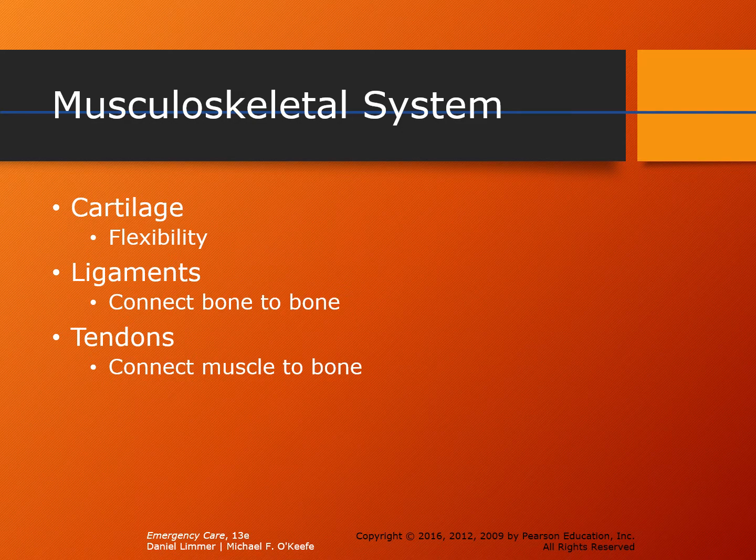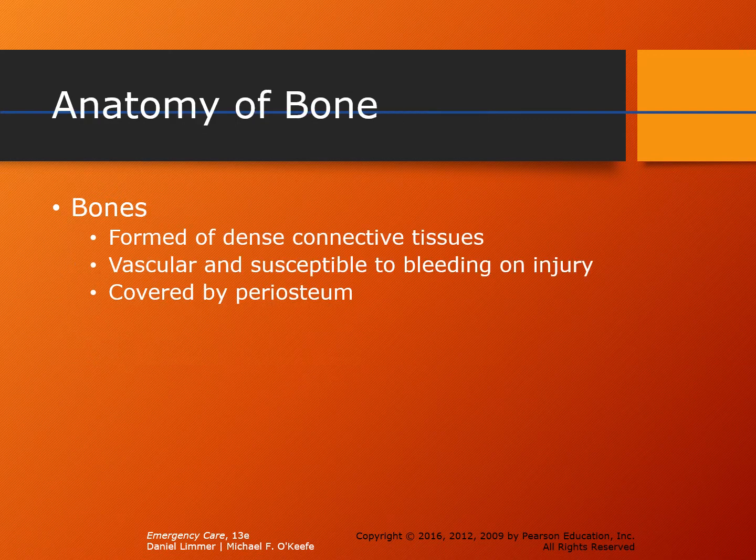Cartilage provides for flexibility, and it also builds out structures that don't typically need to have hard bony structures, such as the outer component of our ear, the tips of our noses, and parts of our rib cage. Our ligaments allow us to connect bones to one another, and tendons allow us to connect muscles to bones.